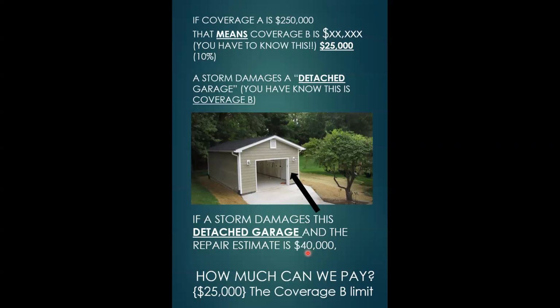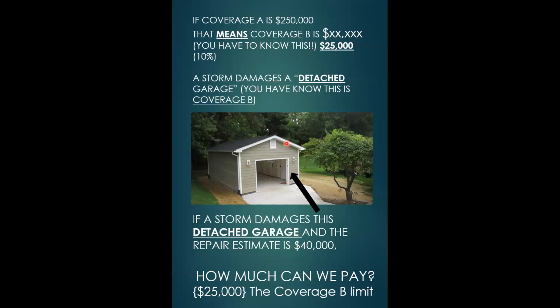Coverage B is 10% of coverage A by default, and it can be raised, as we'll see, but the default is 10% of coverage A. And so in this example, where coverage B had never been raised, you could have an uninsured loss because we will not cover a $40,000 loss when all we have to go around is $25,000 worth of insurance.